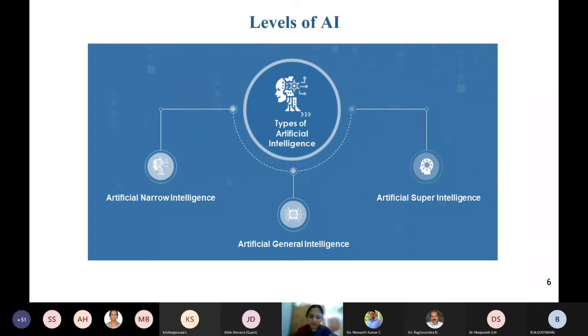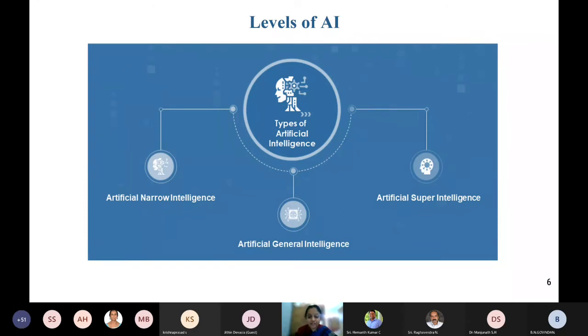How does it work? It takes the images, and it is already trained to recognize. If it matches with one of the things already stored, it maps it and then realizes, and that is how it works. So a face recognition system is a narrow intelligent system because it can do only one task, the recognition of the face. That's narrow intelligence for you.